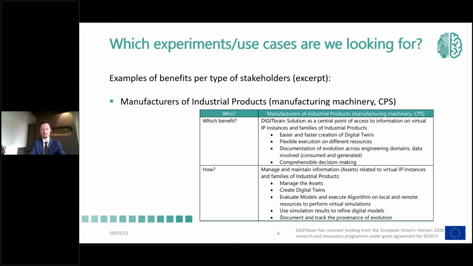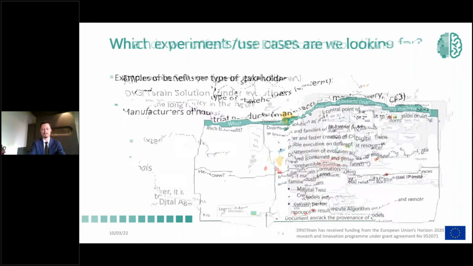We have exemplified some of the benefits that we can envisage from using digital twins and DIGITbrain, and these are just some sources to motivate and stimulate creativity here. So this is not an exhaustive list, and you don't need to stick to that. This is just for imagination, so to say.